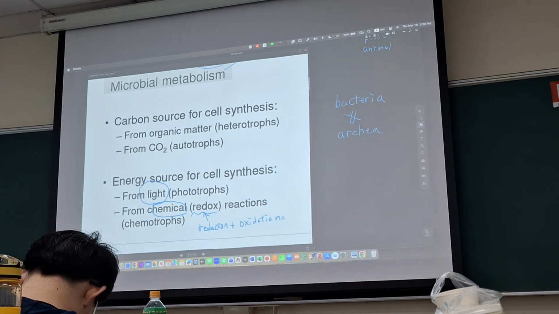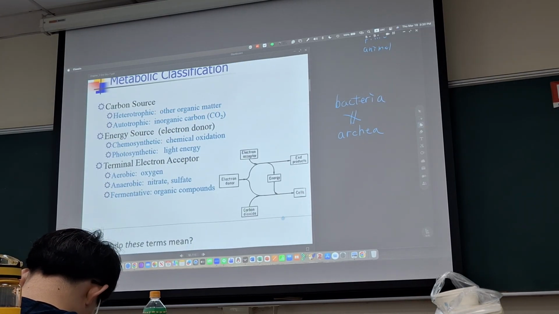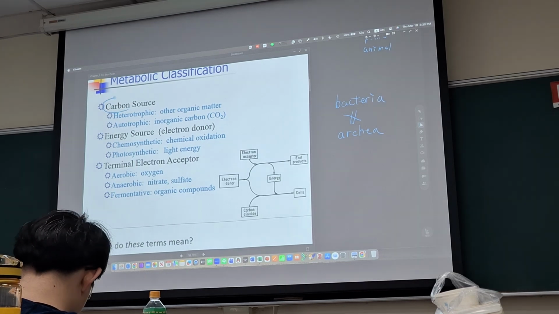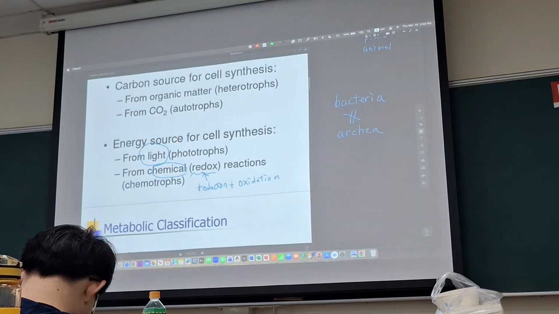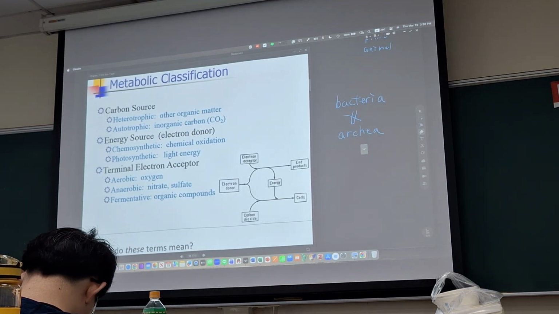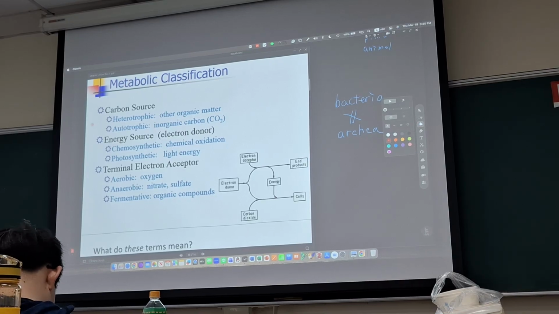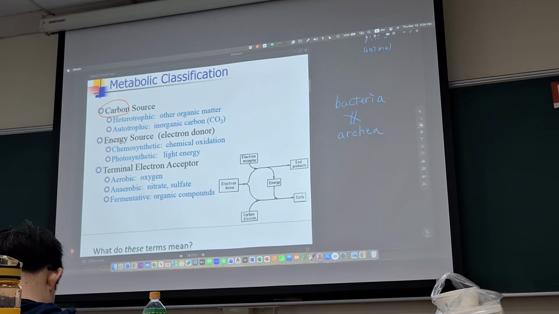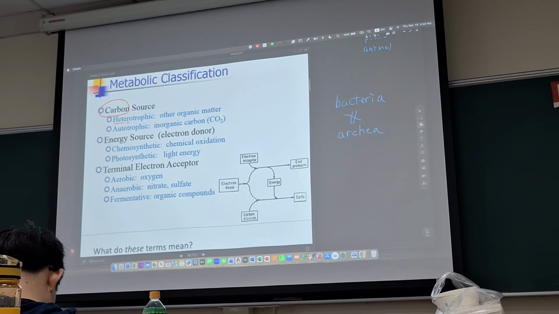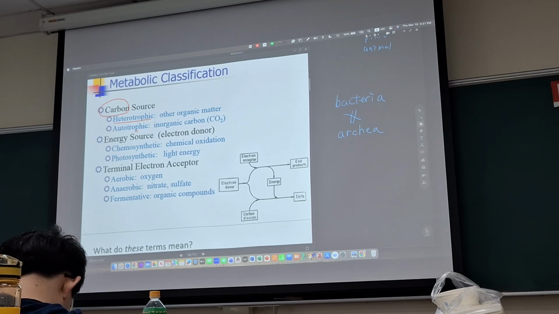Okay, so let's put them together. If we use common source, there are two kinds of organisms. One is called heterotrophic, the other one is called autotrophic.